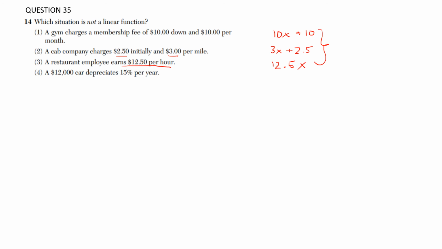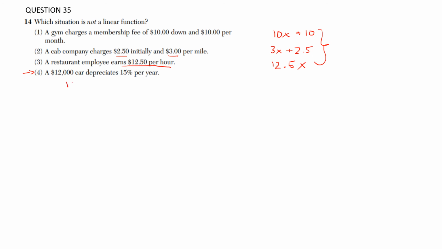But finally, on this last answer choice, you have a $12,000 car that depreciates 15% each year. So that would mean it only retains 85% of its value after the first year, right?